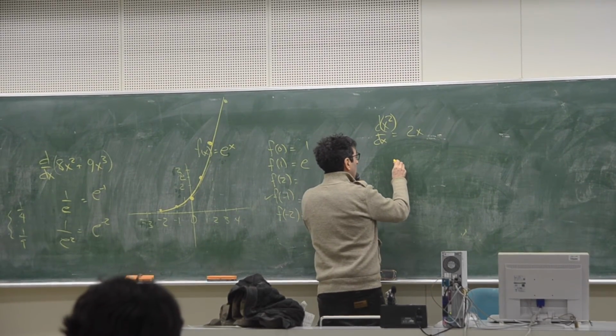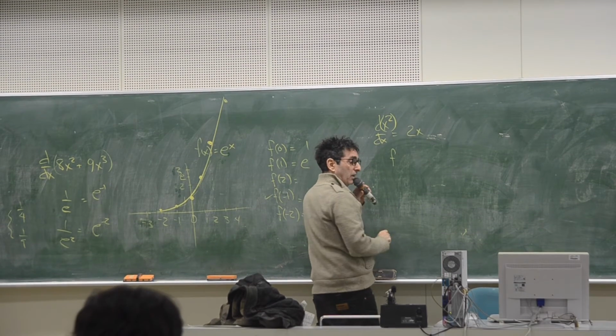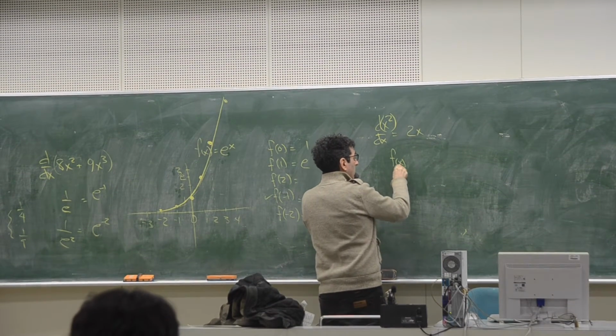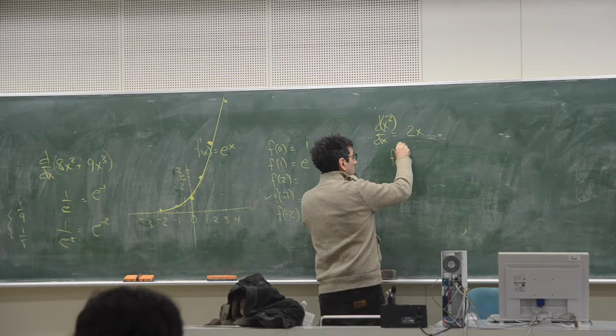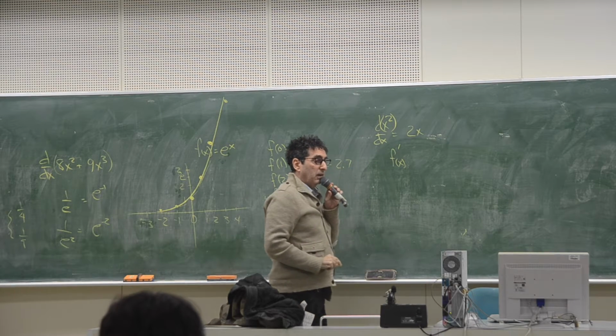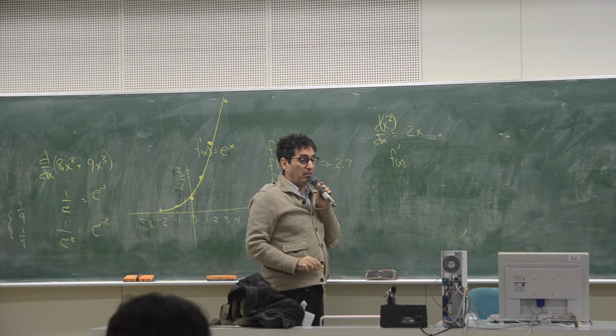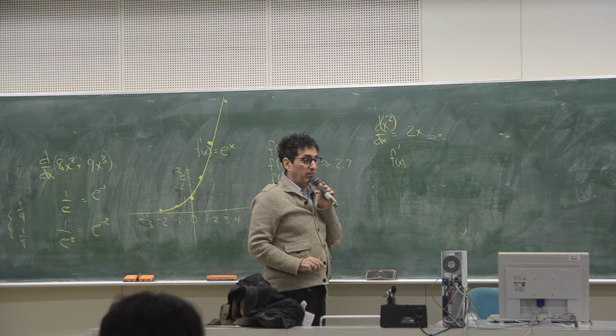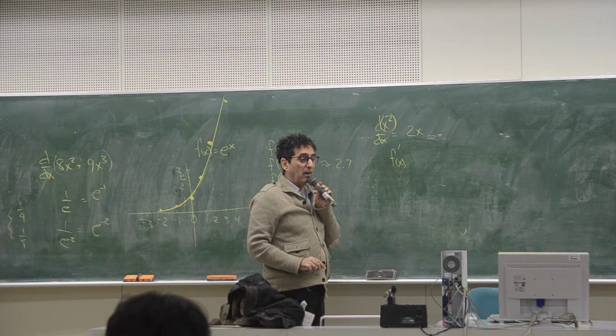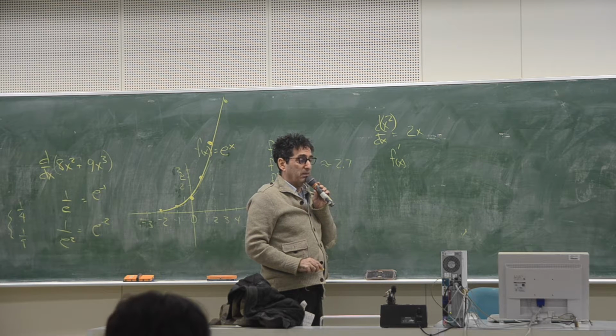So, if we have a function f, the derivative of that function, which we denote as f prime, the definition of that was a long time ago. At least five classes ago.